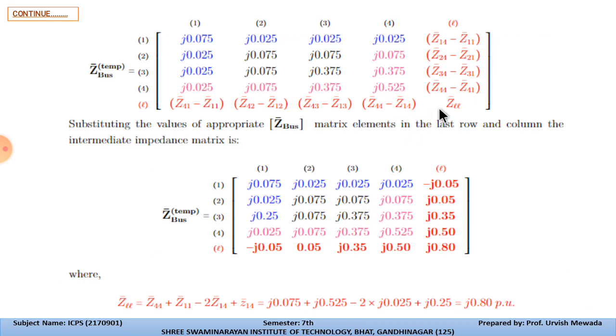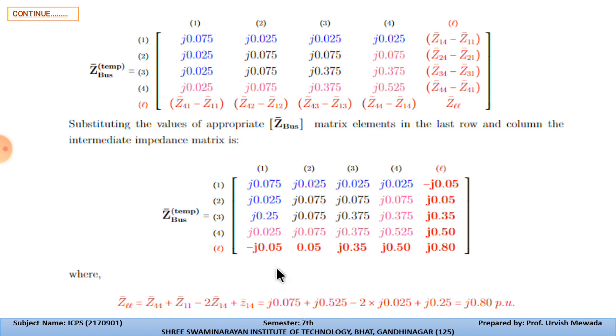So ZLL plus Z44 minus Z41. We have the value of Z44 as 0.075 from the old matrix, and then Z11.